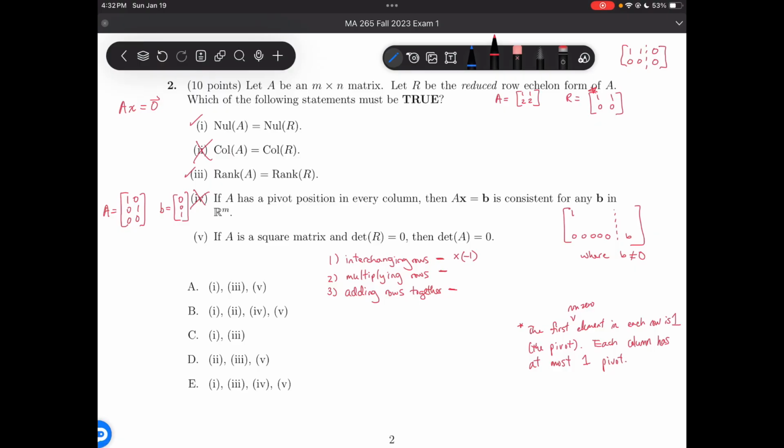When we multiply rows by a scalar, the determinant is also multiplied by that same scalar. So if I have a matrix like 1, 2, 3, 4, and I multiply the first row to become 2, 4, 3, 4, then my determinant of the new matrix would also be 2 times the determinant of the old matrix. And adding rows together results in no change.